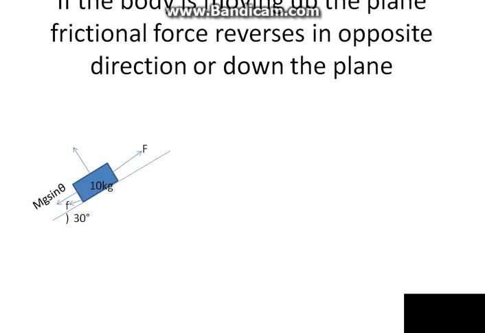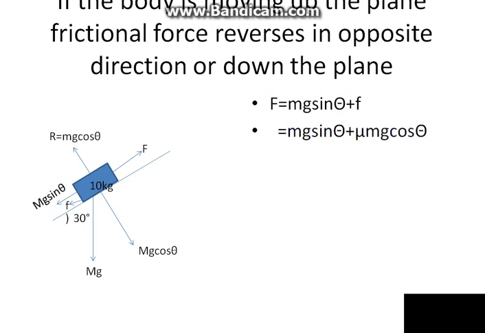The reaction on the plane will be mg cos theta, and the weight of the body will be mg. Now, the limiting frictional force is equal to mg sine theta plus the resisting force, mg sine theta plus mu times mass times gravity cos theta, which is 49 plus 42.4, giving us 91.4 Newton.